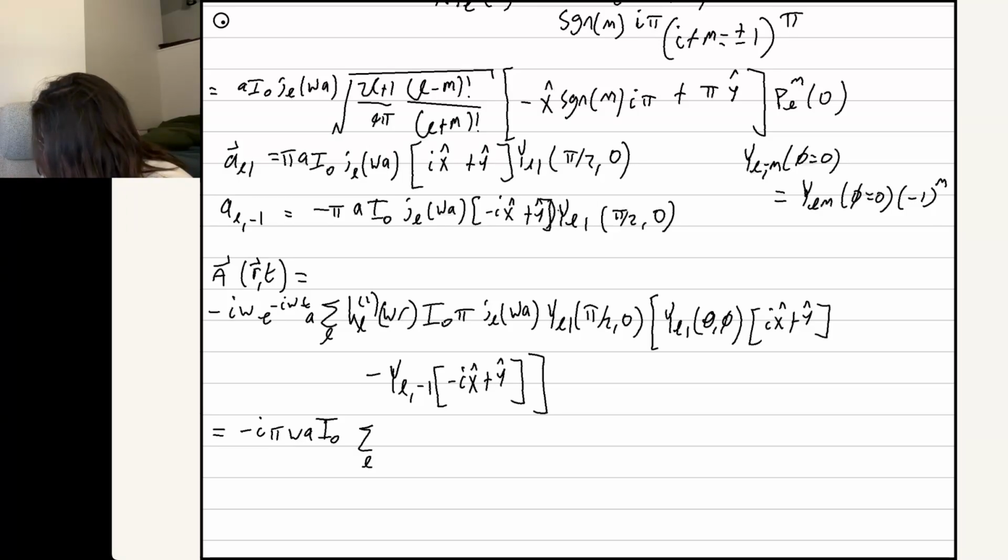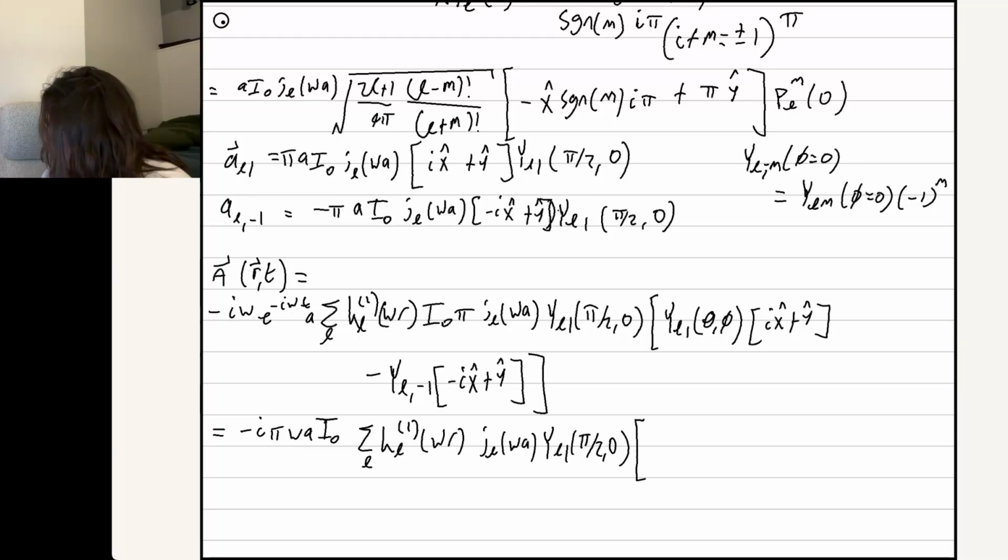And then the sum h_l1 omega r, j_l omega a, Y_l1 pi halves 0. And in the brackets, I'm going to group together the stuff which depends on i x hat and just y hat, because I'm going to end up turning these into vector spherical harmonics. So I have that it's Y_l1 plus Y_l minus 1 plus y hat times Y_l1 minus Y_l minus 1.